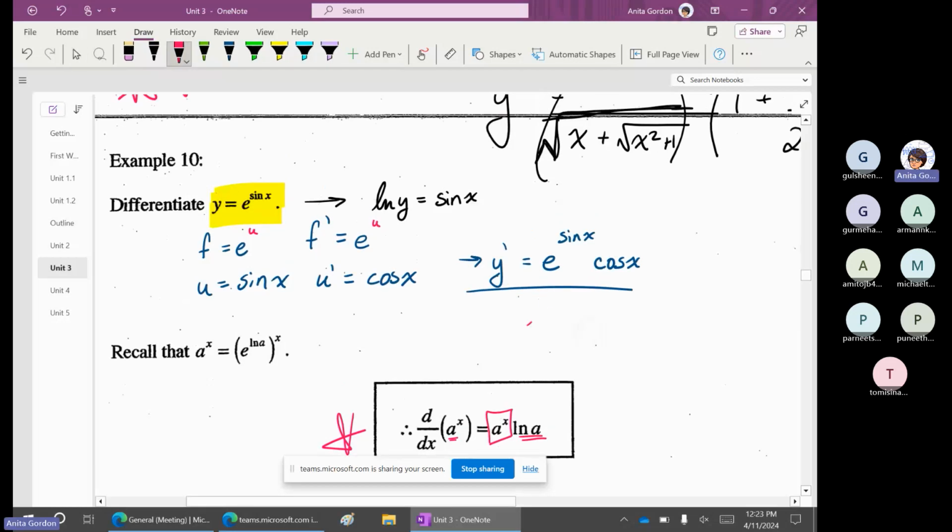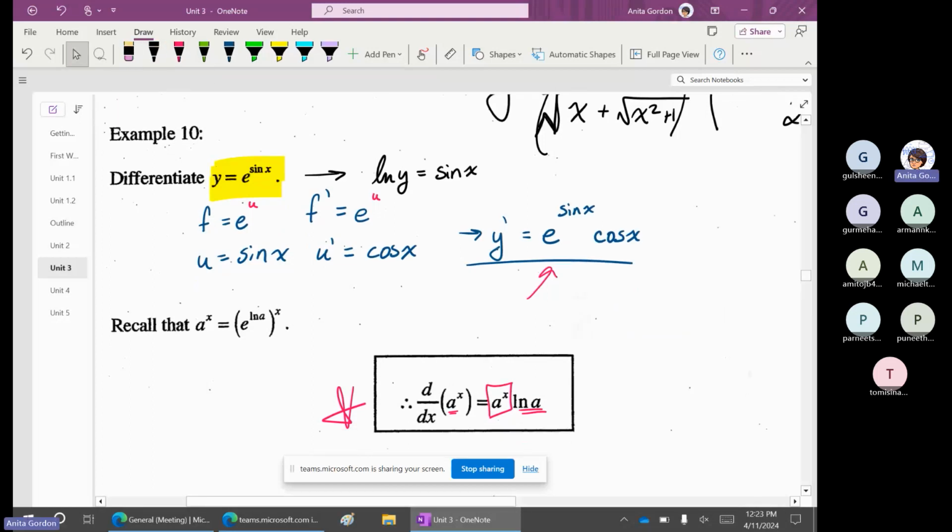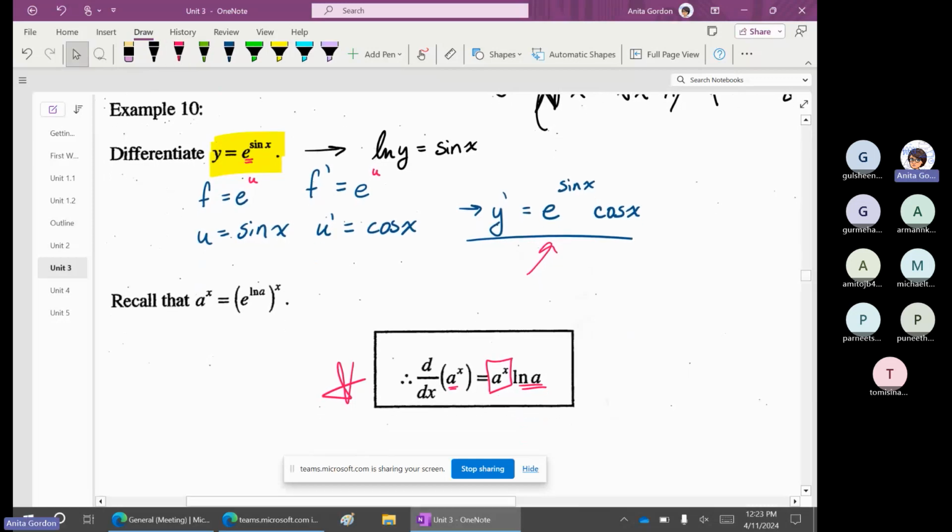The reason we don't have it up here is because the ln of e is 1, right? They're inverses of each other. So if your base is any other number other than e, the general formula is your exponential as is times the ln of a. So the ln of whatever the base is. Okay.